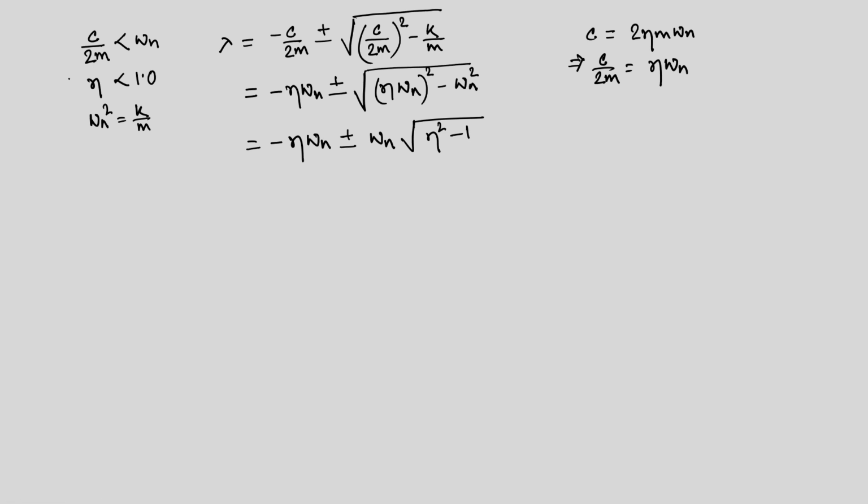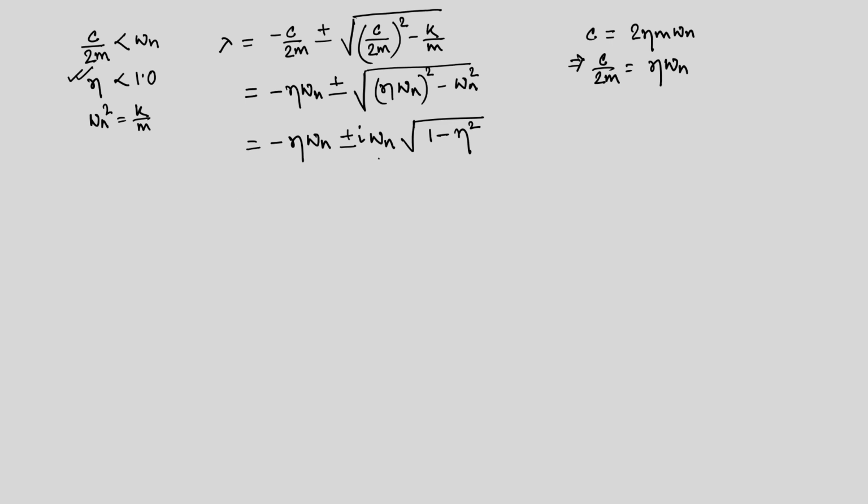Obviously, in our condition we have eta less than 1, so that means eta square is also less than 1. In this case we can rewrite this expression as 1 minus eta square, and square root of minus 1 is i.